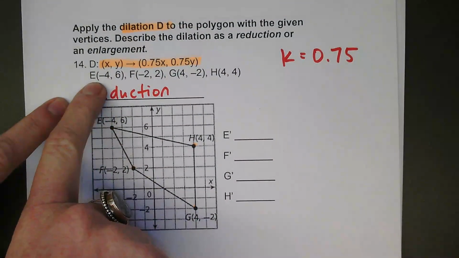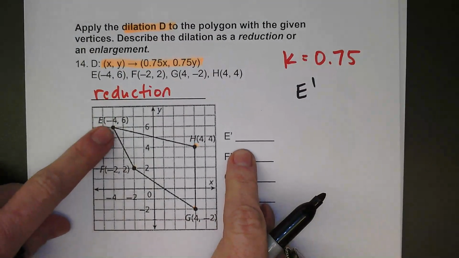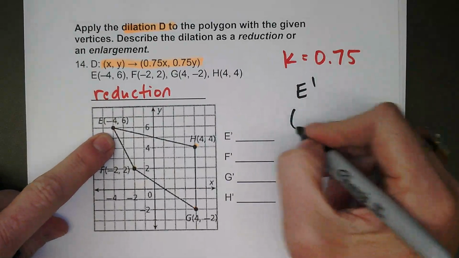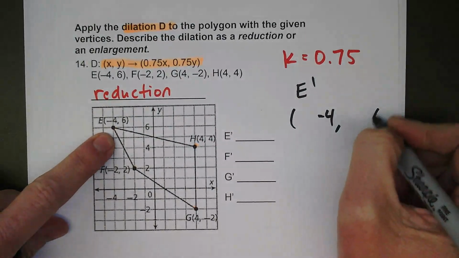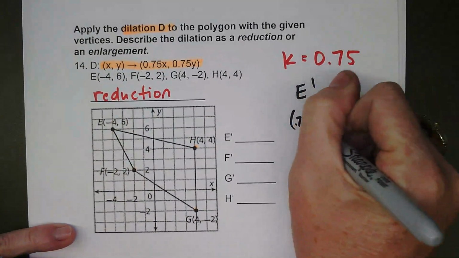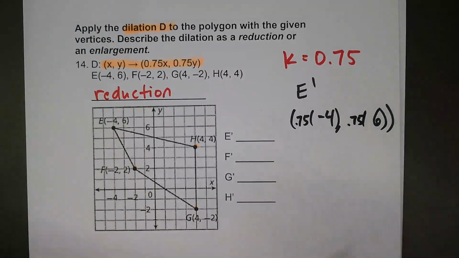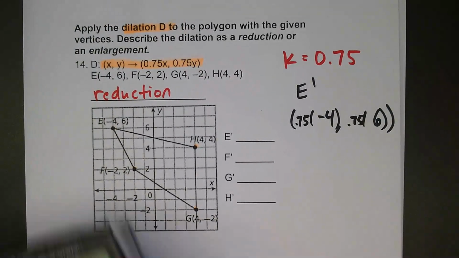So we need to take every single one of these points. For instance, to find E prime, the new E, we're going to take our original E values, which were -4 and 6, and then we're going to multiply them by the scale factor. So it's going to be 0.75 times 4 and 0.75 times 6. And I will make the calculator do that.